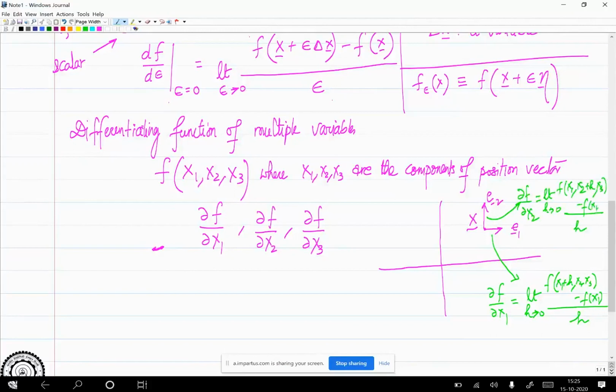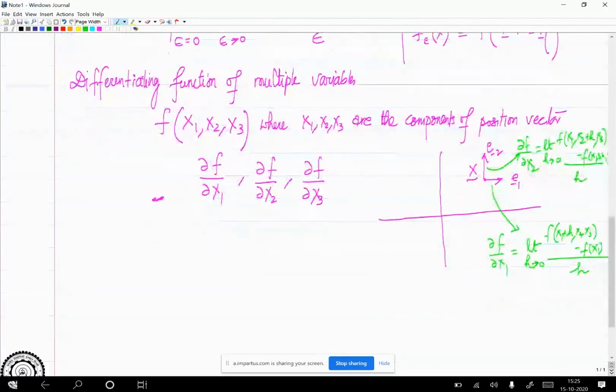And this f is at x1, x2, x3. Are you all with me? So this is how you define partial derivatives.